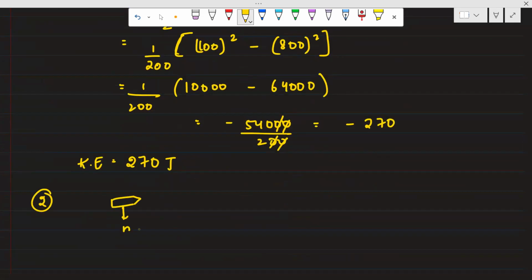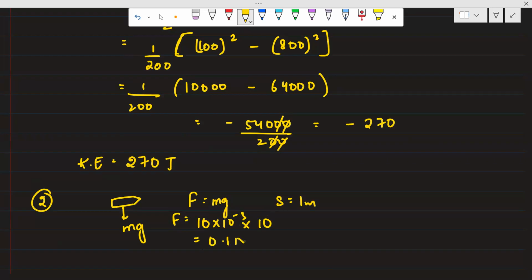It has its own weight, that is mg. So force is equal to mg in this case. Displacement is already given as 1 meter. So force is equal to 10 into 10 to the power minus 3 into g, which is given as 10. So force will be equal to 0.1 Newton, and displacement will be 1 meter.